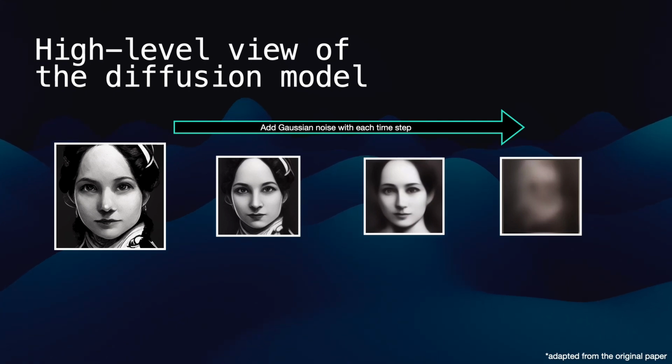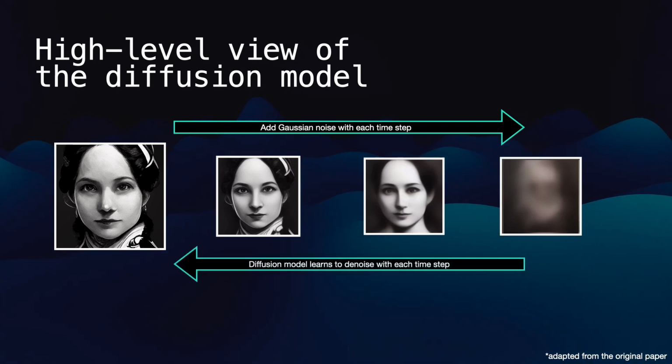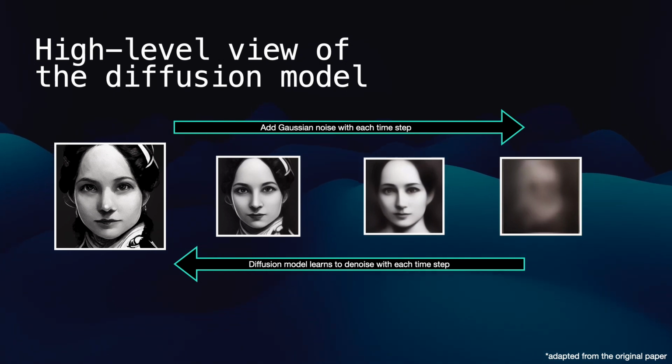Then you train a neural network which gets as input the noisier example and has to predict the denoised version for the image. In doing so for many different steps, the neural network learns to denoise a very noisy image in a repeated manner to obtain the original image.